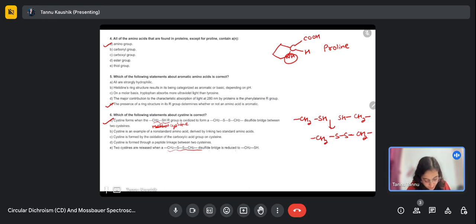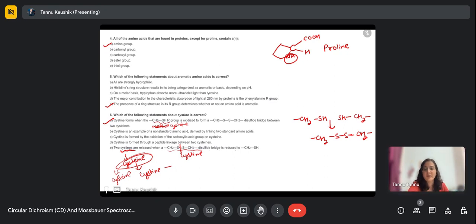So if this bond breaks, then here we will get cysteine. Cysteine is forming cysteine. Okay, this is cysteine. So if you break this bridge, then we will get this cysteine amino acid. Okay, so here the name is incorrect. Okay, ma'am.